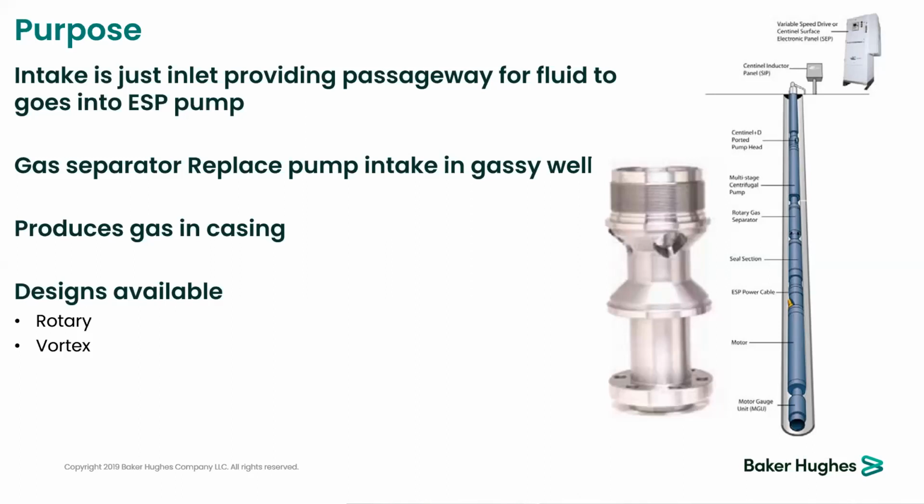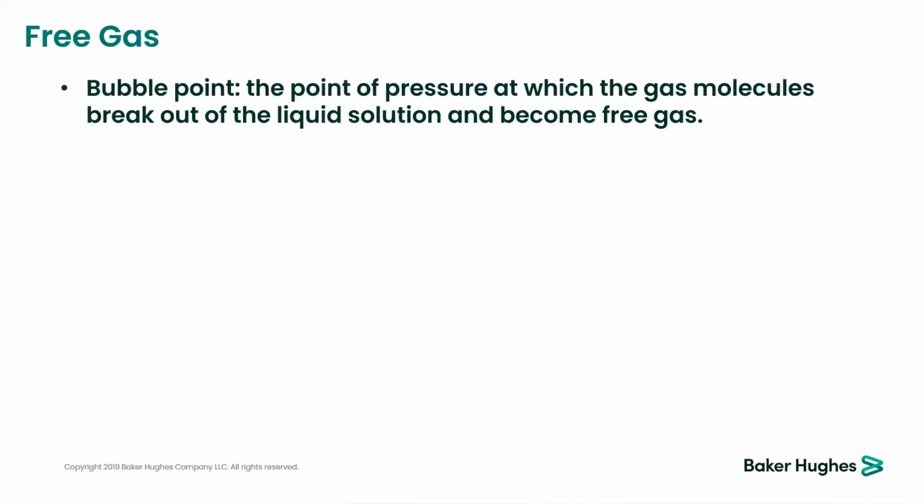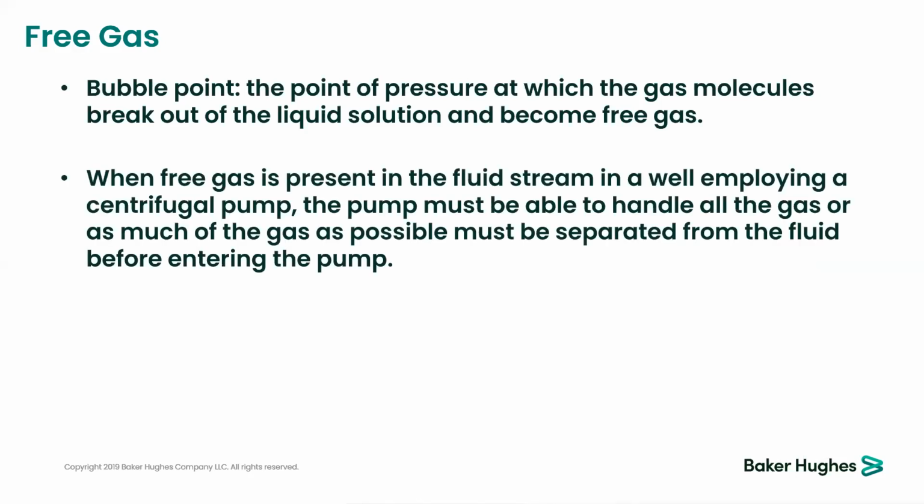Okay, so let us see what happens to the gas when it reaches the top and how it affects the operation. All of you are already aware that the bubble point is the pressure at which the gas starts to break out from the liquid and becomes free, no longer in solution.